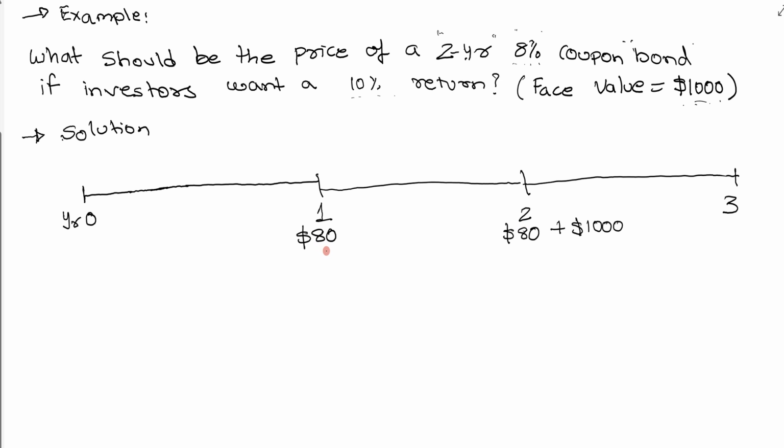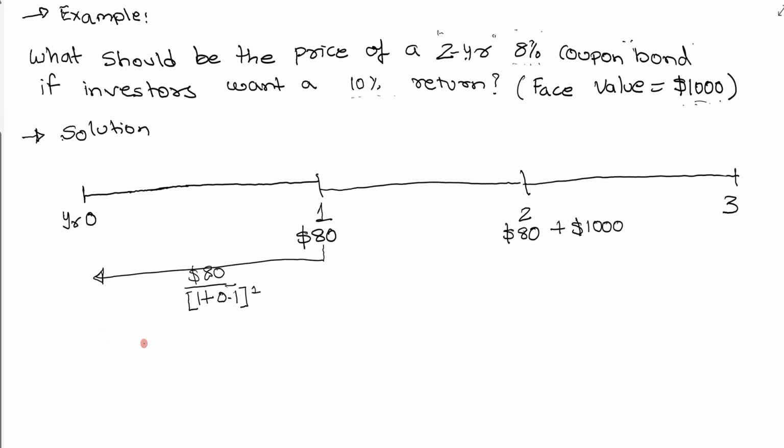The way we are going to value this $80 cash flow is going to be different than the way we value this $80, which is going to occur after 2 years. This $80 is going to be discounted for 1 year at the rate of return that we want. We want a 10% return, so that's 0.1, and it's to the power 1.